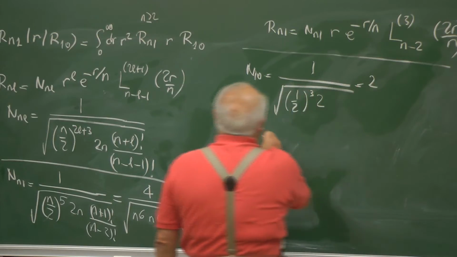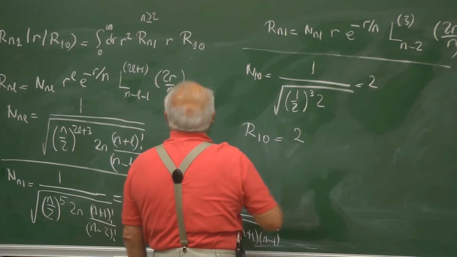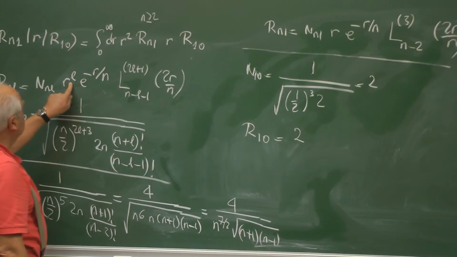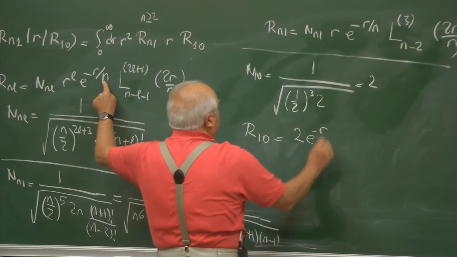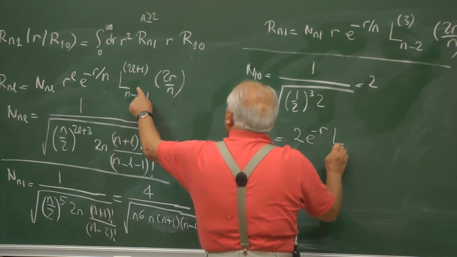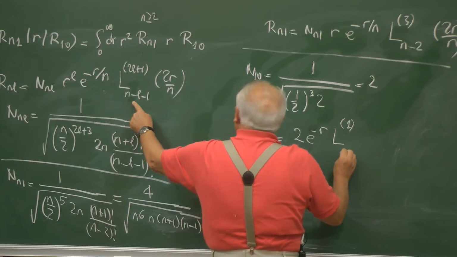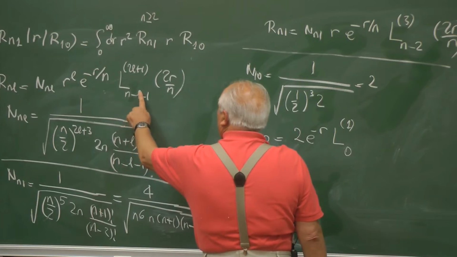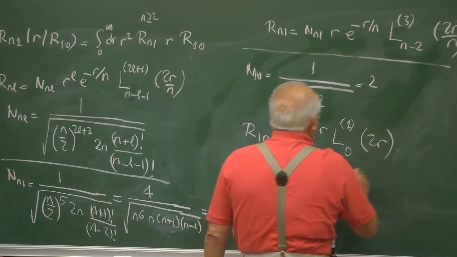Therefore N10 is equal to 2. Now let's look at the rest. R to the 0 is 1. N is 1, so I have e to the minus r. Then L with l equal to 0, index 1, and 1 minus 0 minus 1, which is 0, of 2r.